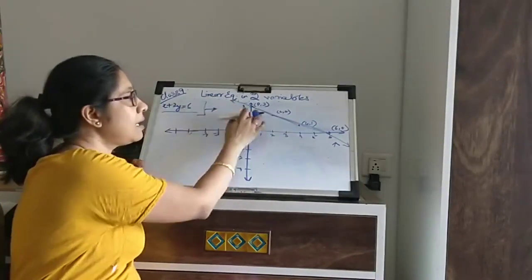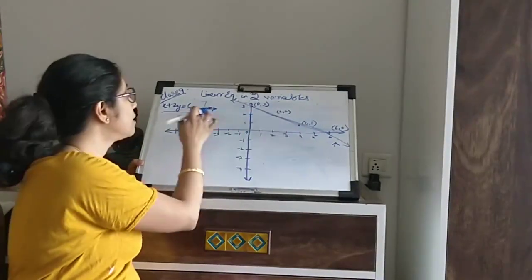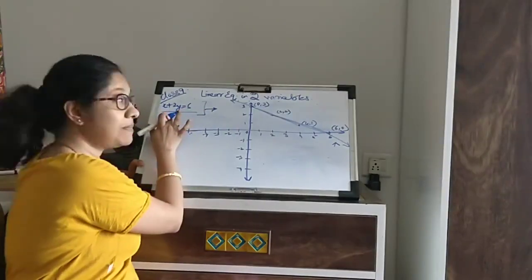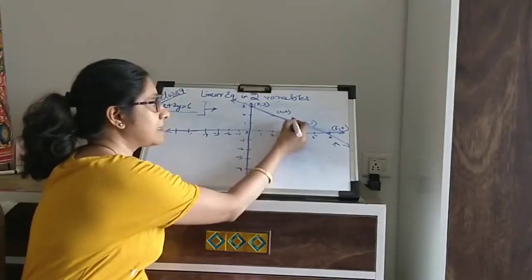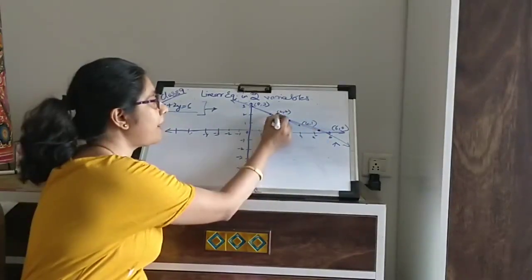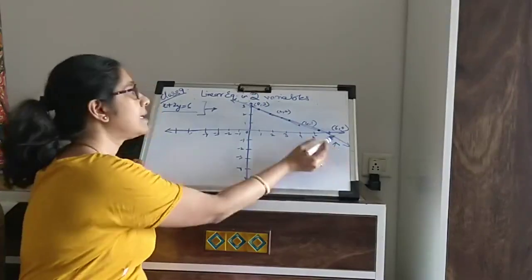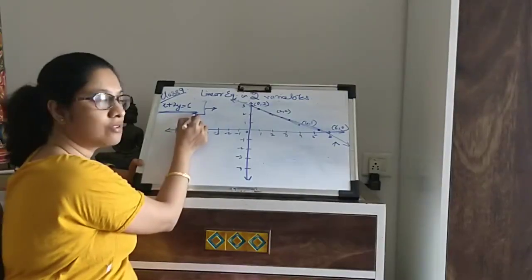Now, one thing we must understand from this exercise is that we get a straight line by connecting the dots, which were represented by the solutions of this equation. That means, what can I say? Any random point that lies on this straight line is also a solution of this equation.